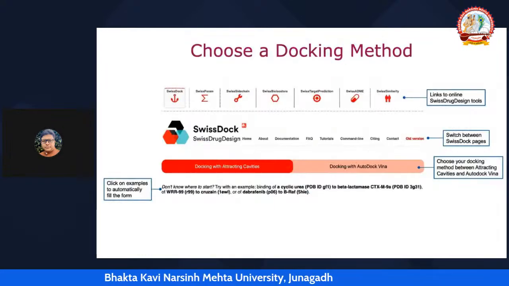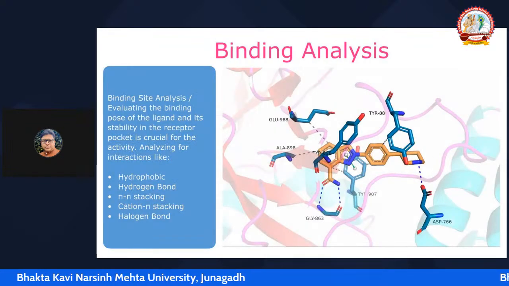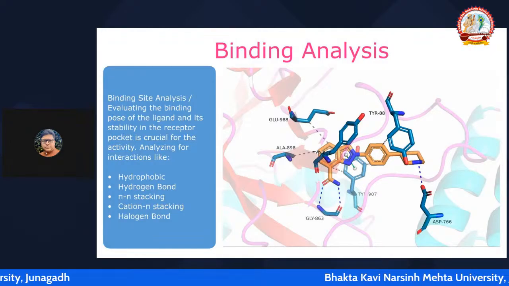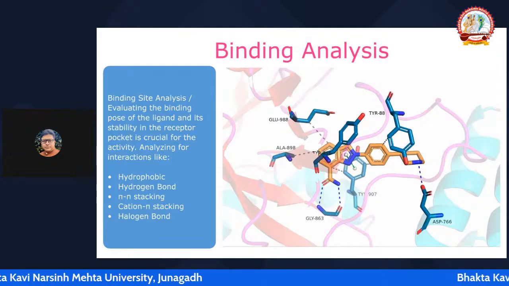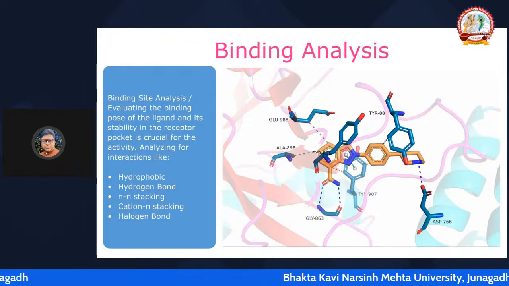After we do docking, then we can do what is called as binding site interaction analysis, which helps us to understand the interactions at work. That means what interactions are taking place, what are the important interactions.